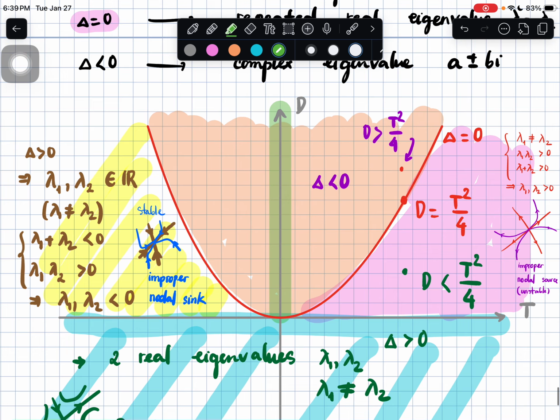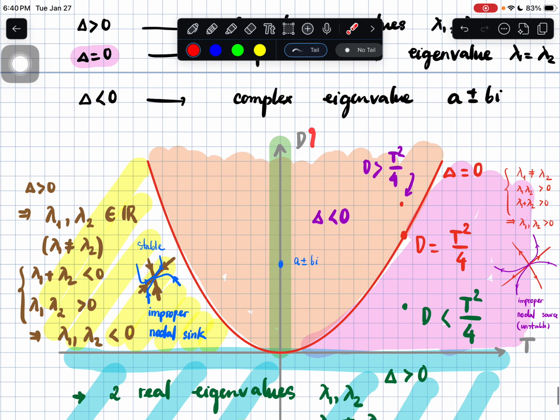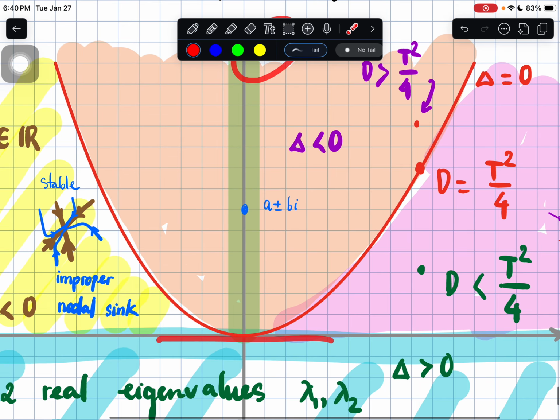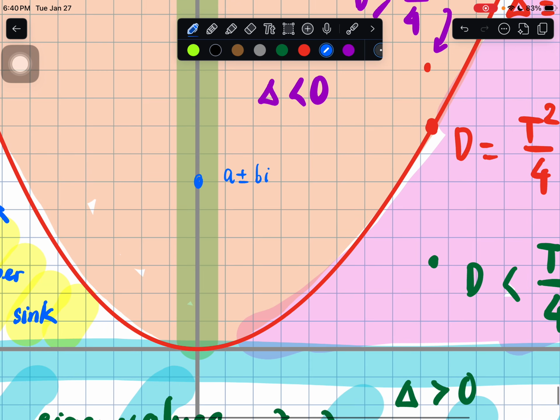This one. So the point on this one corresponds to delta negative. So we should have a plus or minus b times i. The determinant is positive, and the trace is the sum of two eigenvalues. So this means a plus b times i plus a minus b times i.